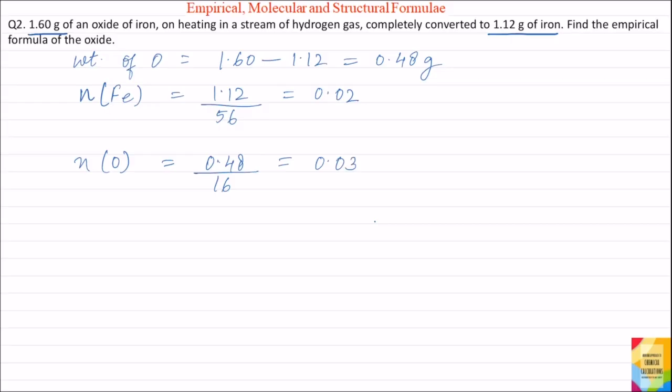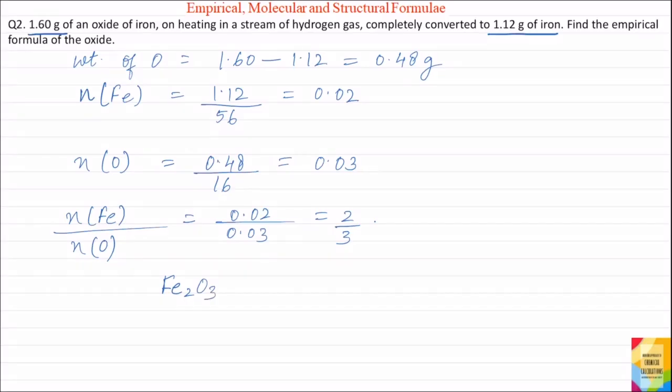Now, the ratio of number of moles of iron and number of moles of oxygen, that is moles of iron divided by moles of oxygen, is equal to 0.02 divided by 0.03, and this is equal to 2 by 3. Therefore, moles of iron is 2, moles of oxygen is 3, and the empirical formula of the oxide of iron will be Fe2O3.